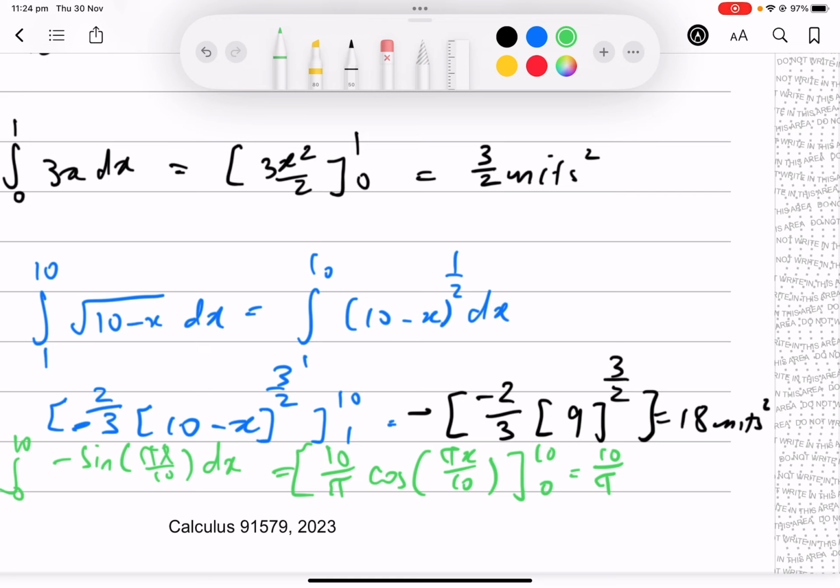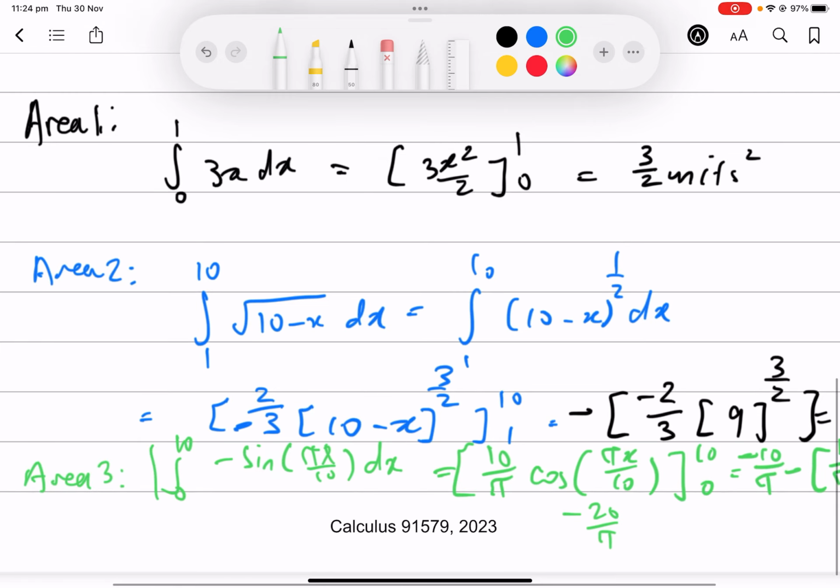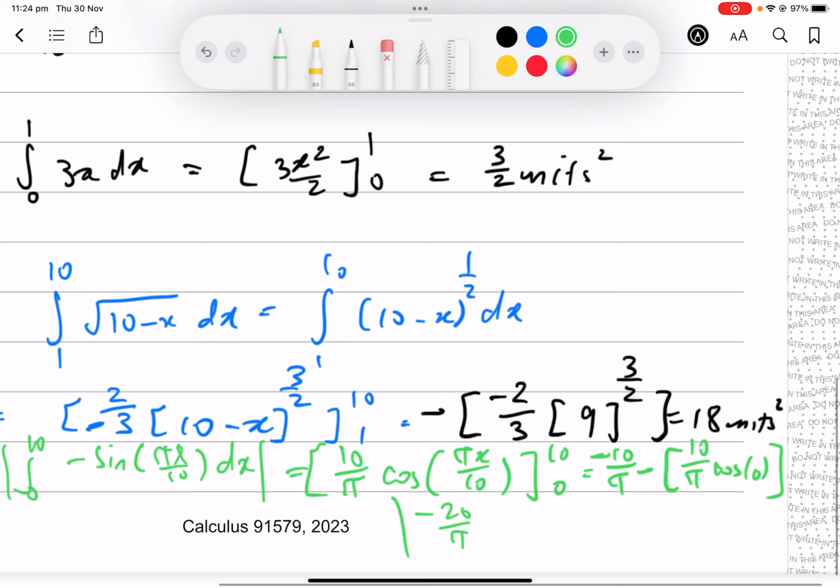So we have a negative of this one, and we also need to subtract off negative 10 on pi times cosine of 0, which is 1. So we have minus 20 on pi. But remember, we said that this was the absolute value. So theoretically, we should be taking the absolute value here. So this is the absolute value, which is 20 on pi.